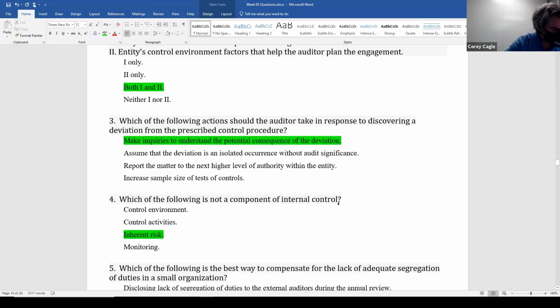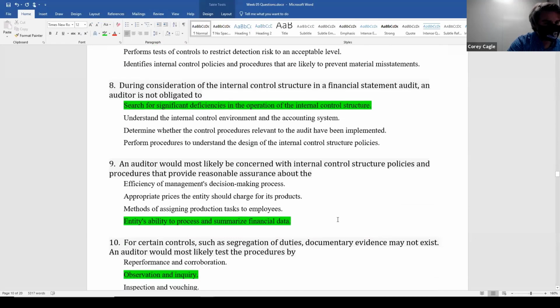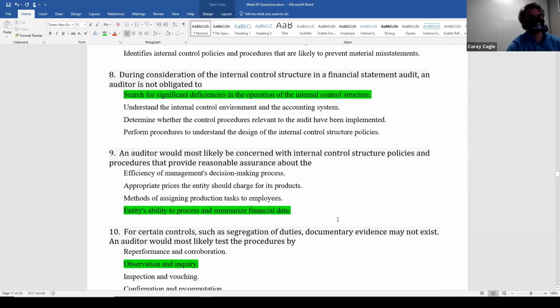My notes about these are easy, obvious, more of the same. Eight is a good one to look at though. During consideration of the internal control structure in a financial statement audit, an auditor is not obligated to search for significant deficiencies in the operation of the internal control structure. We haven't defined that yet.